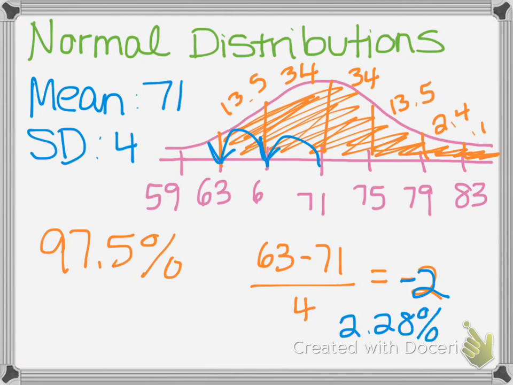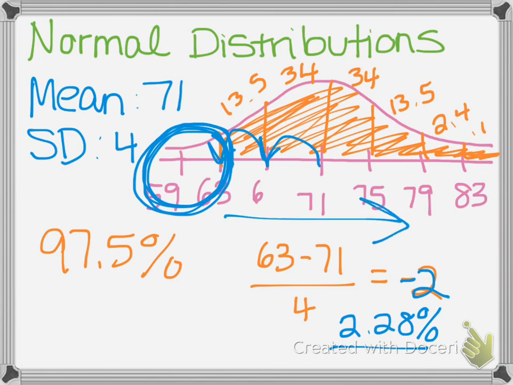And when I do that, I get 2.28%. Now, keep in mind, when you use this table, you are talking about the percentile, which means that value and everything lower than it. And since I asked for everything greater than 63, you're going to have to do 100 minus 2.28. And when you do that, you get 97.72.